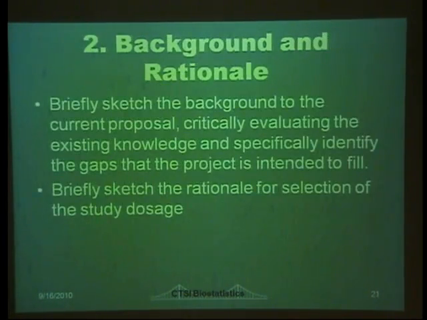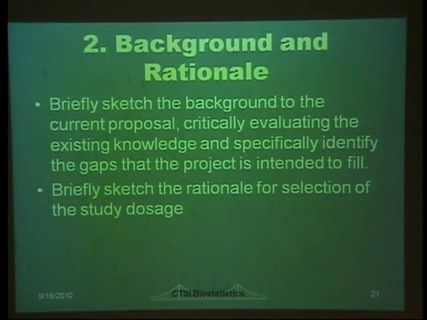So the second part of every study is the background and the rationale in it. Here we briefly sketch the background for the study. We look at what knowledge is out there, give a survey of the literature, basically explain why it is we want to do this study. We also want to sketch the rationale for the study group that we're looking at.